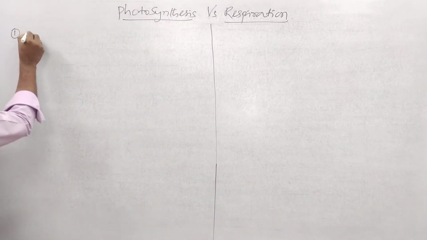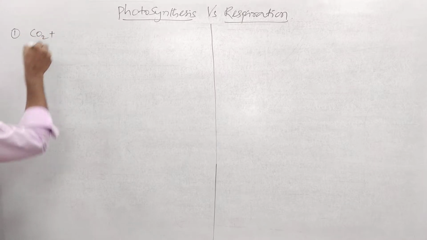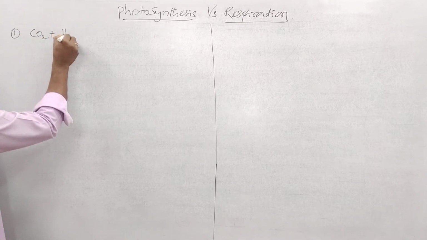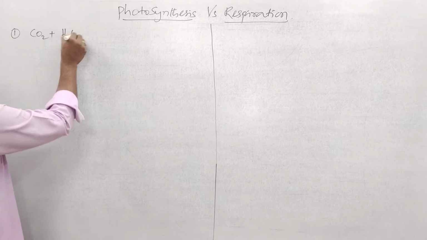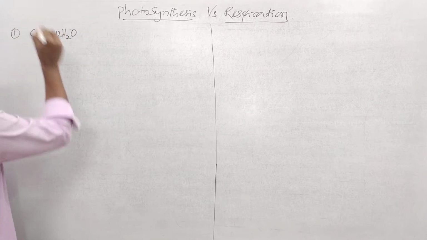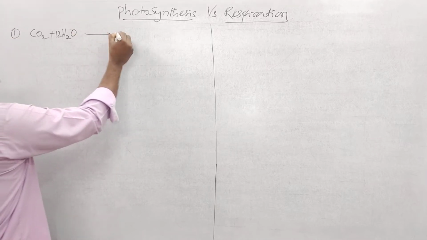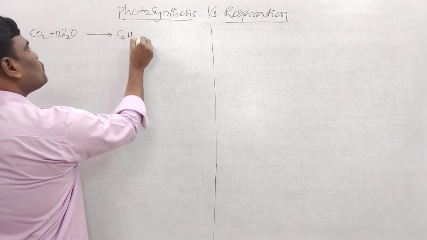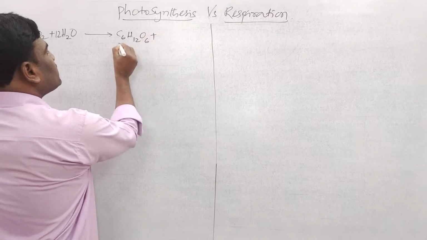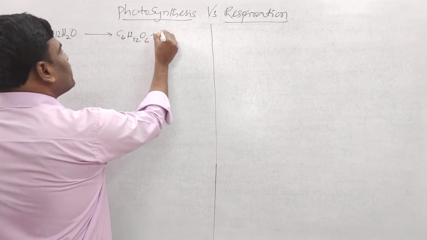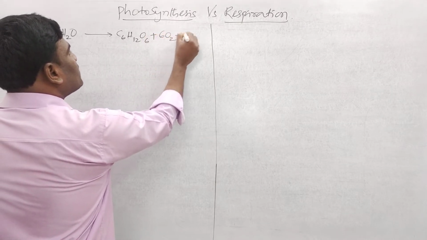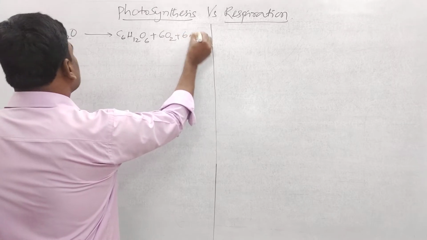Carbon dioxide and water. Water, H2O. So 12 H2O gives rise to C6H12O6, that is nothing but glucose, and 6 oxygen and 6 water molecules, children, isn't it?